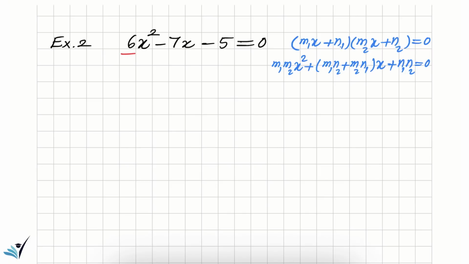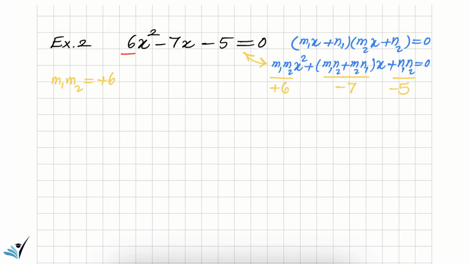Comparing this equation with the equation that we have in our example, we see that m1 times m2 has to be positive 6. The multiplier of the x in the second term has to be negative 7. And n1 times n2 has to be negative 5. Let's start by seeing what could be the values of m1 and m2. m1 times m2 has to be positive 6.